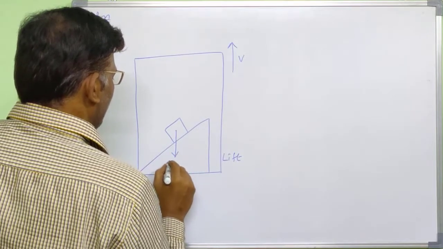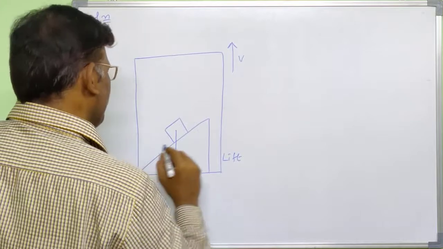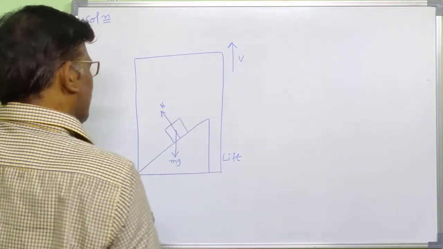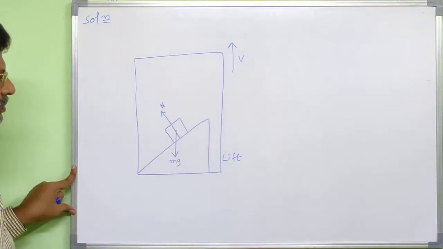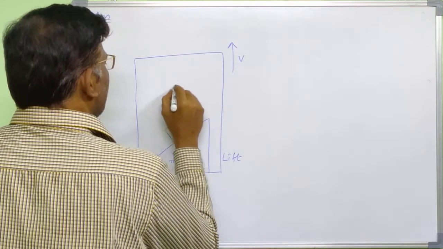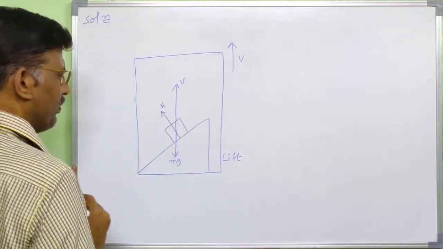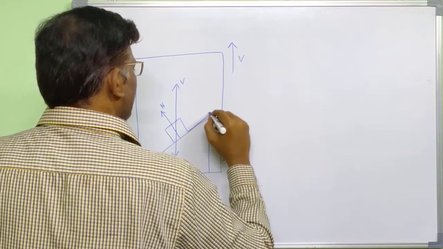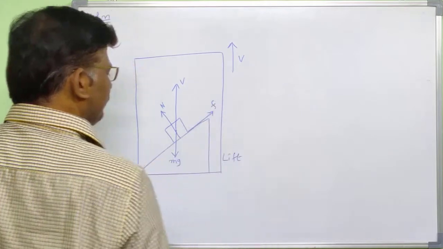Weight of the body is acting vertically downwards and normal reaction is acting normal to the inclined plane. This is the v direction, velocity, and friction is acting in this direction.